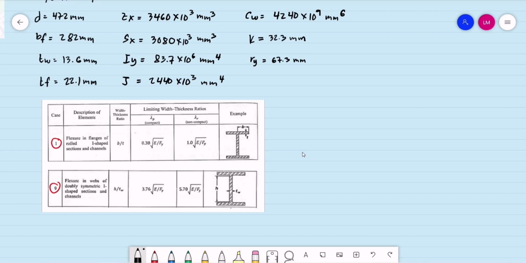From our previous video, for the flange, the width to thickness ratio is B over T, or to be more specific, the width of the flange divided by twice the thickness of the flange.